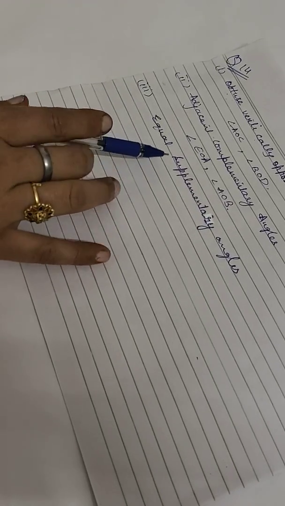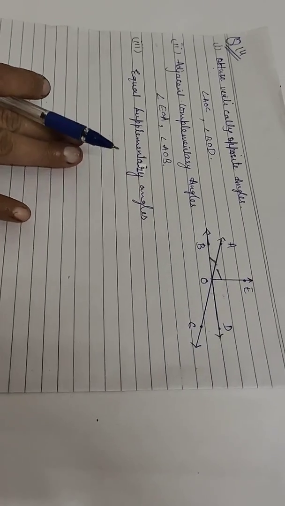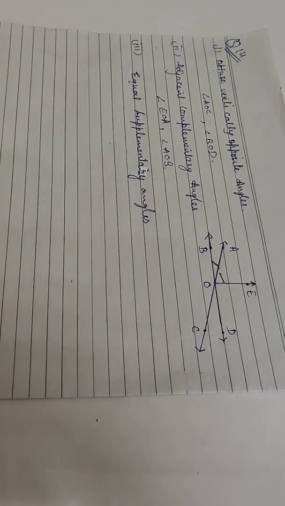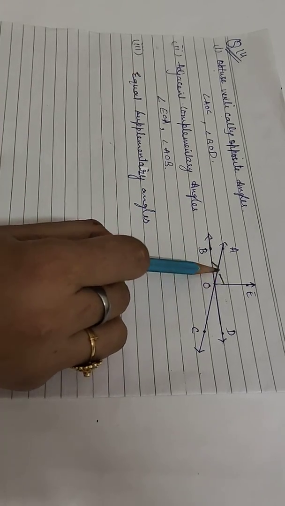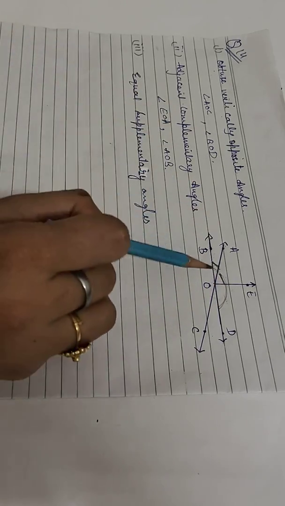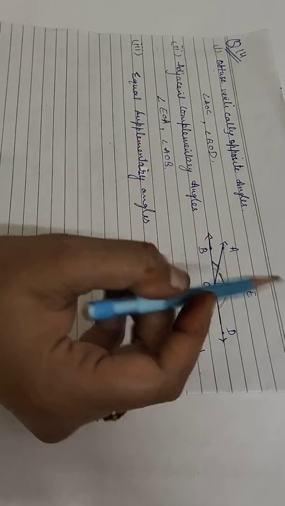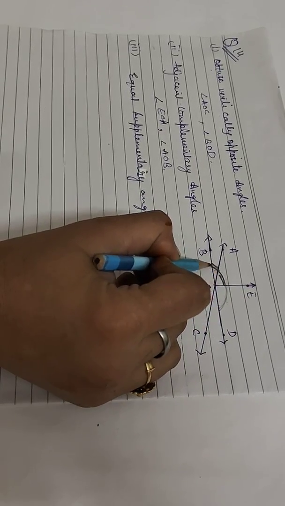Now the third part is equal supplementary angles. In this figure, angles should be supplementary, meaning the sum should be 180 degrees. This we need to see. So this is a 180 degree angle. And they should be equal also. As you can see, this is a 90 degree angle. This is also a 90 degree angle.